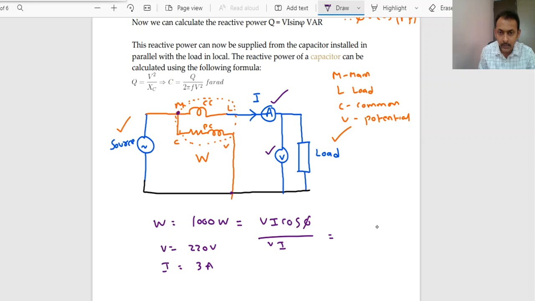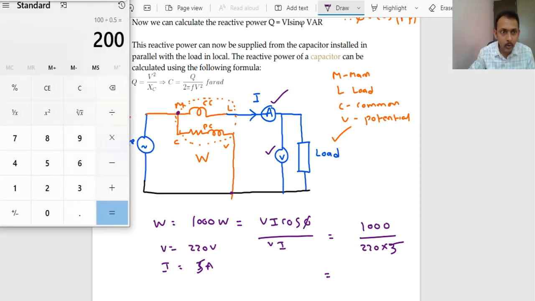Here, for example, the wattmeter reading is 1000 watts, divided by the voltmeter reading 220 into the ammeter reading, if the current drawn is 5 amperes, we will get 1000 by 220 into 5. 220 into 5 is around 1100.